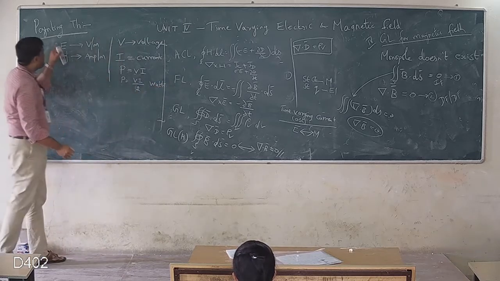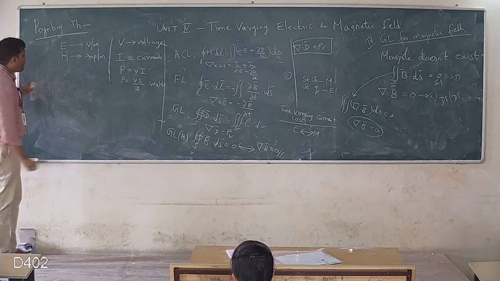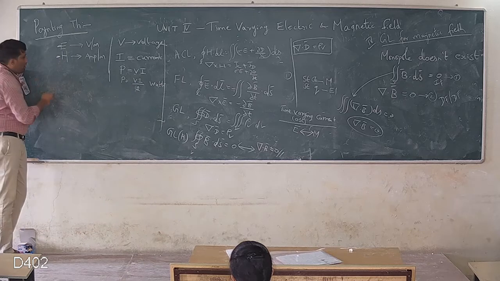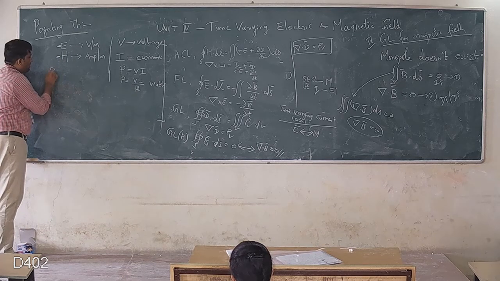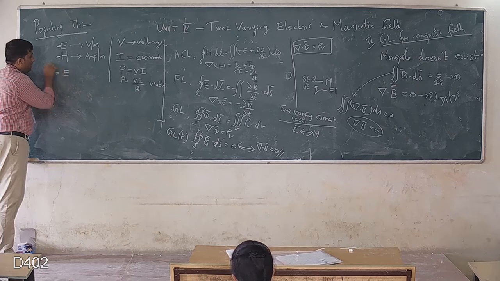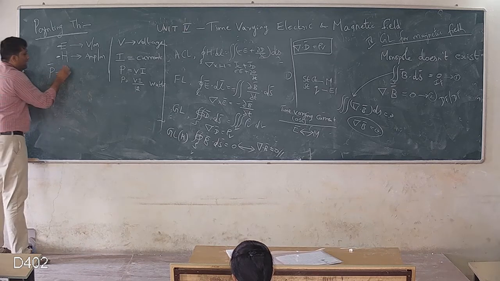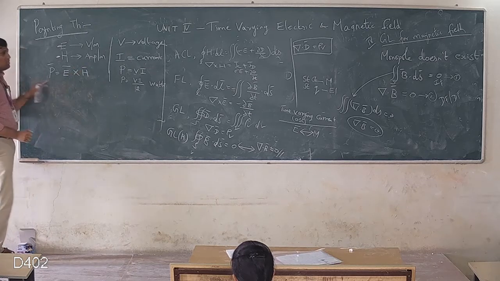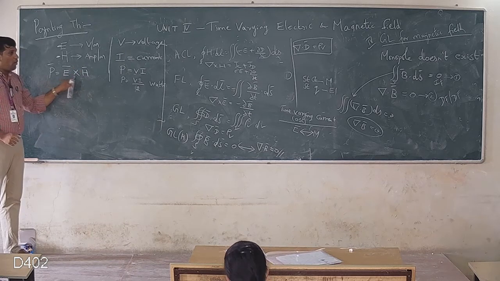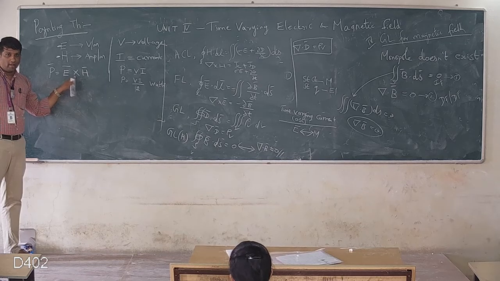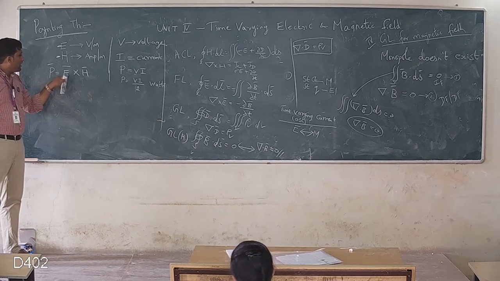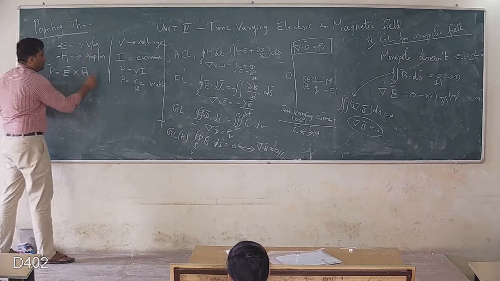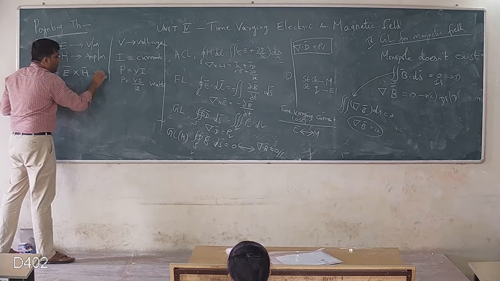But if I take this field mechanism or wave mechanism, I can say that this is electric field and this is magnetic field. And if I want to find the power, the P vector is equal to E vector cross H vector. Since it is a vector quantity, we always use multiplication as cross product. So the power is equal to electric field cross H field, and therefore the unit here is volt per meter into amp per meter.